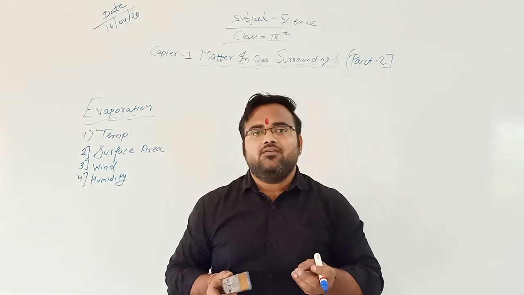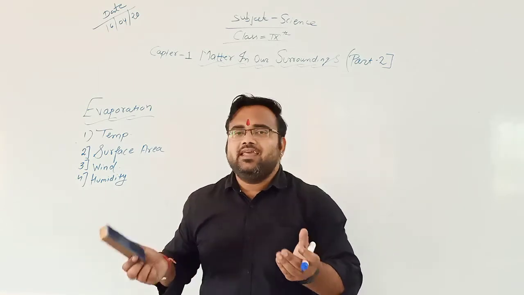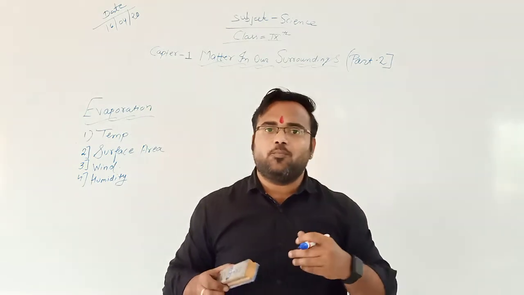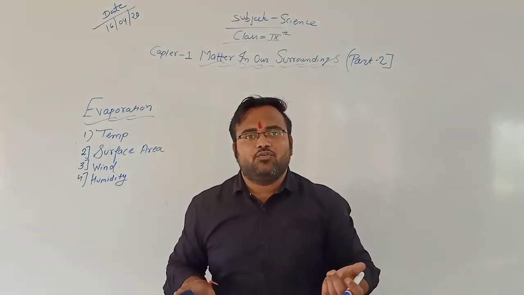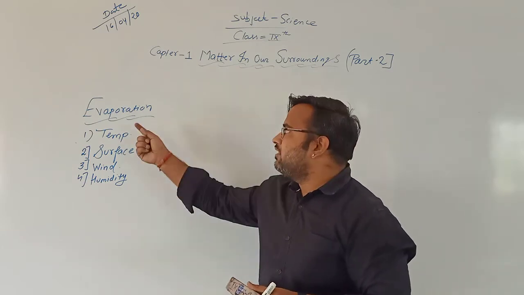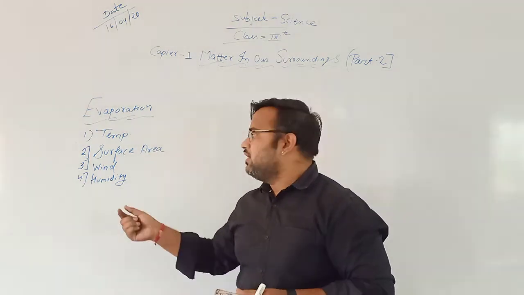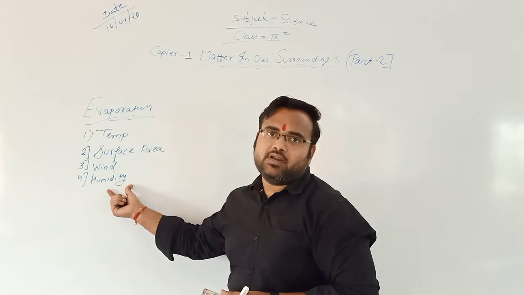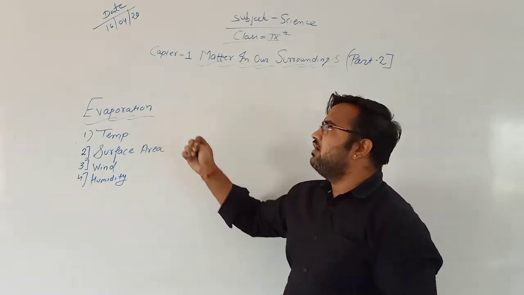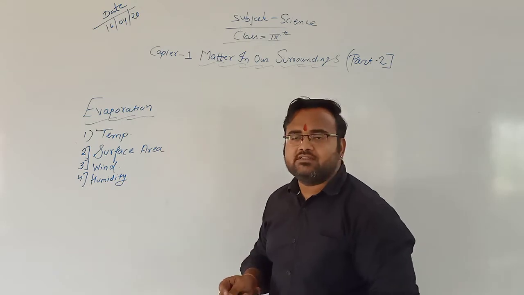Already there are small water droplets in the atmosphere. Therefore, the rate of evaporation will be low in the presence of humidity. Clear? So these are the factors which affect the rate of evaporation.